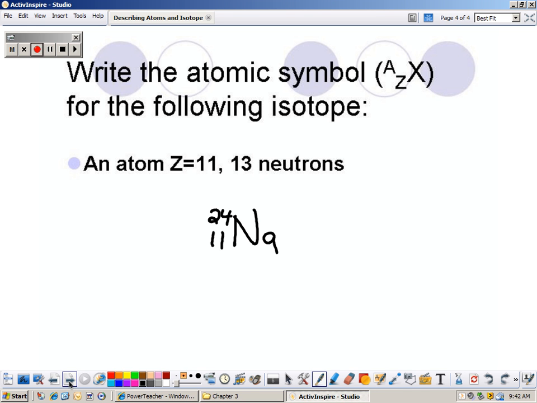It's one neutron heavier. If they give you neutrons, that should be a sign that you don't use the average atomic mass in the periodic table. You still use the atomic number, though. Hopefully this helps you figure out your homework.